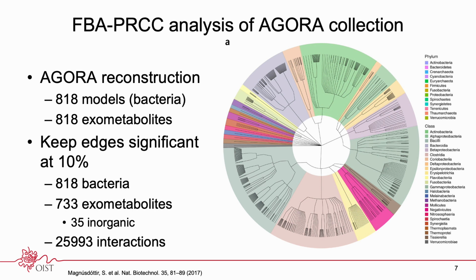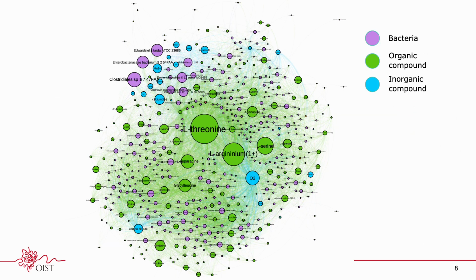We use 800 bacteria, and at the level of significance of 10%, we have 800 bacteria and 700 exometabolites, 35 of which are inorganic. The central part of the graph looks like presented on that slide. Different colors represent different types of nodes in the graph, and the size of the node corresponds to the importance of the node based upon betweenness centrality.